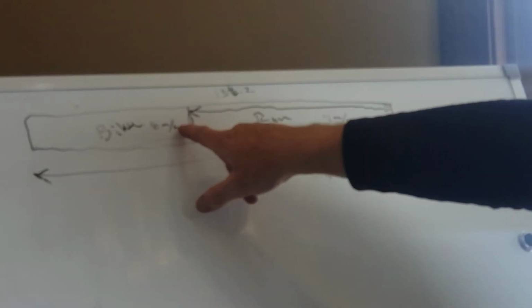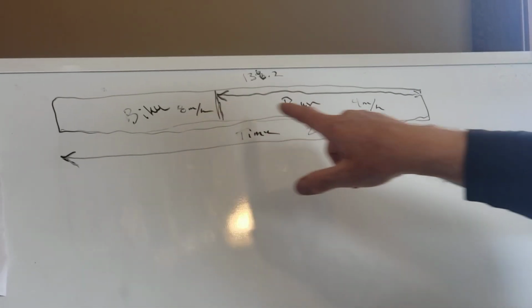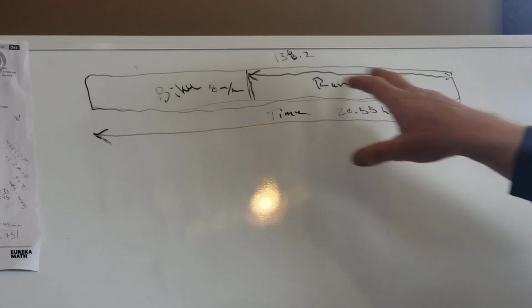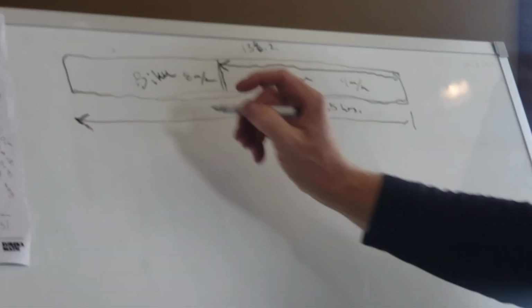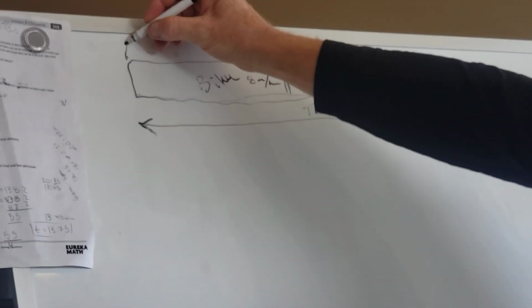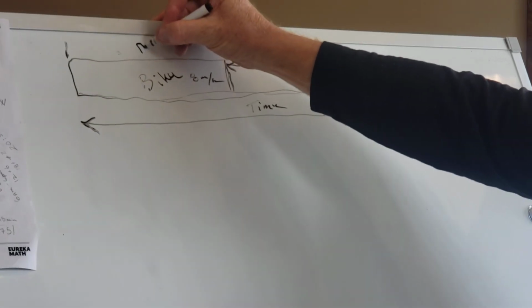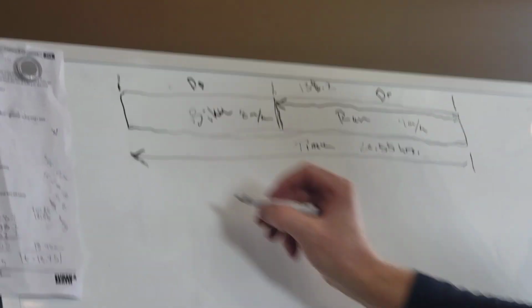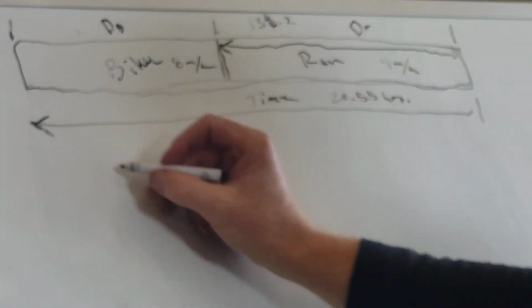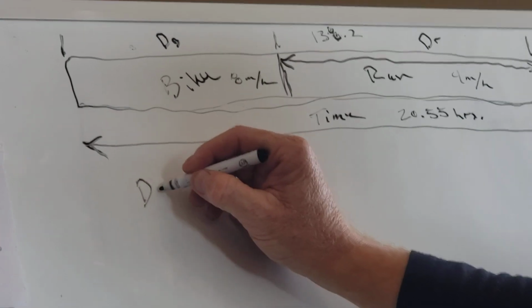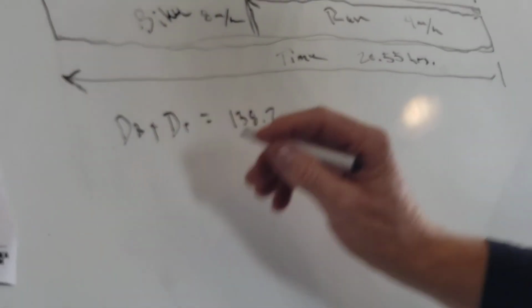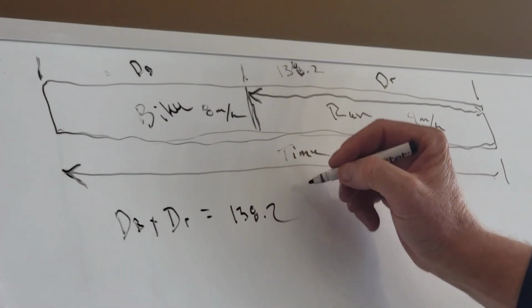So we say the distance of the biker plus the distance of the runner equals 138.2. Then we have to write down the time.